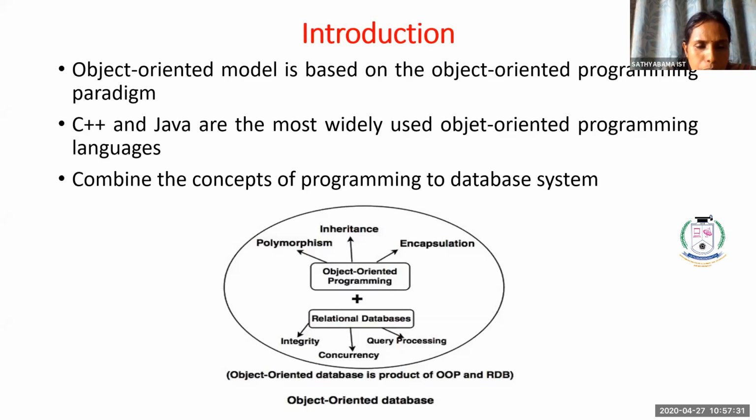That reusability property, we are going to use in your object-oriented database system. And also encapsulation. Encapsulation is nothing but binding of data as well as the methods together as a class. That concept is also something we are going to add to your relational database. So all together, we are going to combine the concepts of the relational database as well as the object-oriented database.